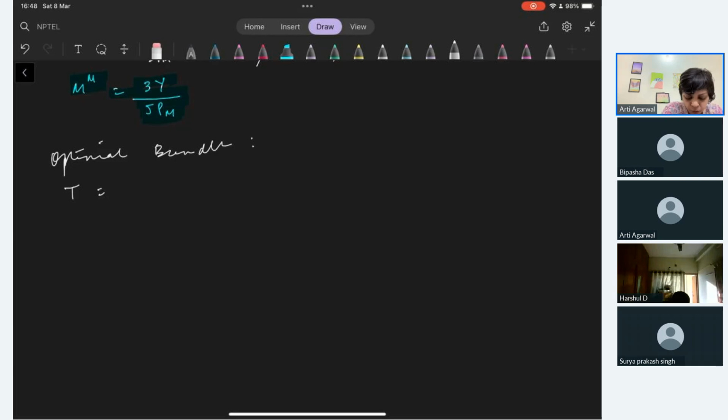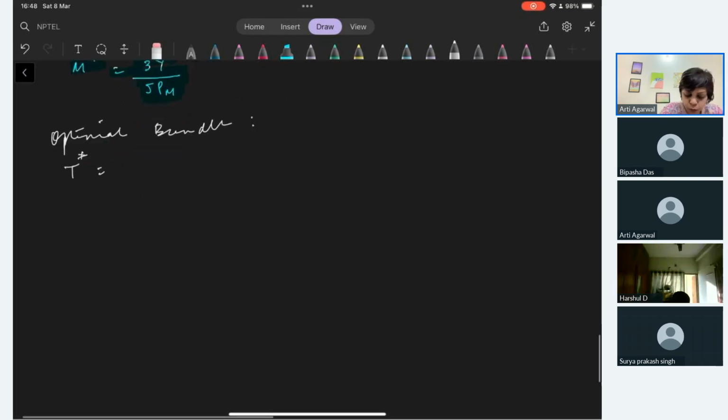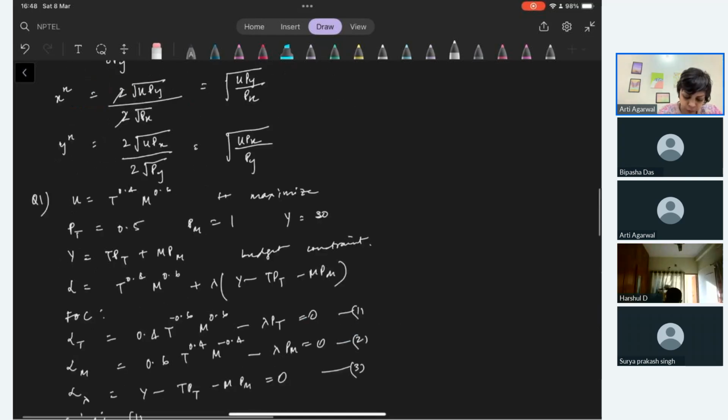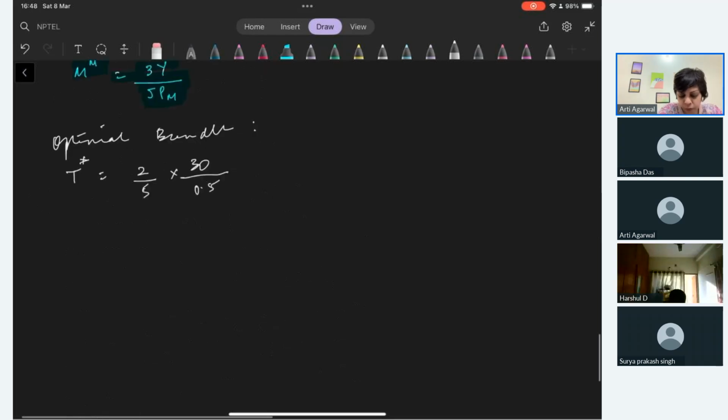You can write this as T star. This is 2 by 5 Y by PT. Y is 30 and PT is 0.5. This is 12, and this is 24. That's why I was saying that it can't be 25, because the expression doesn't come out to be like that.